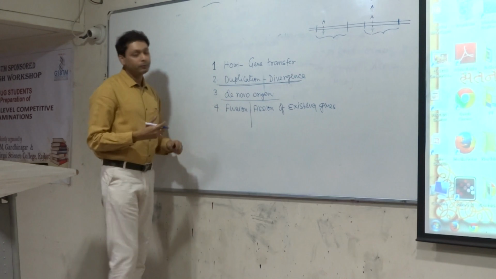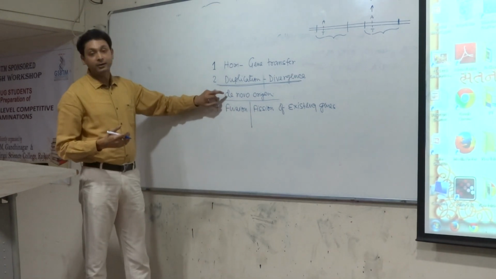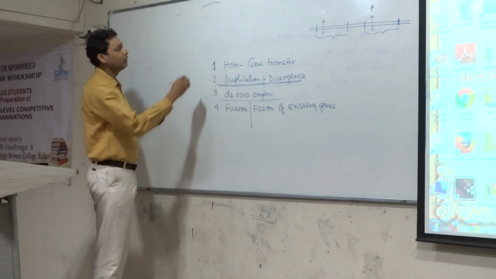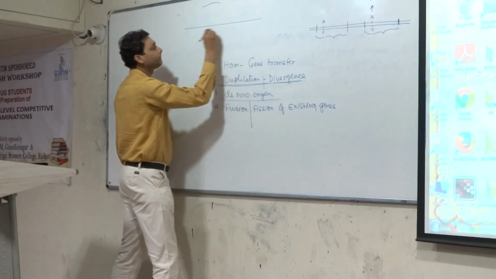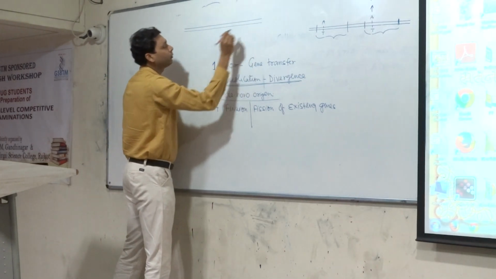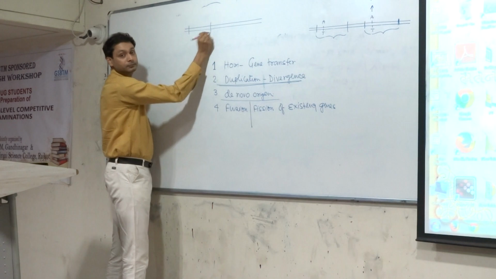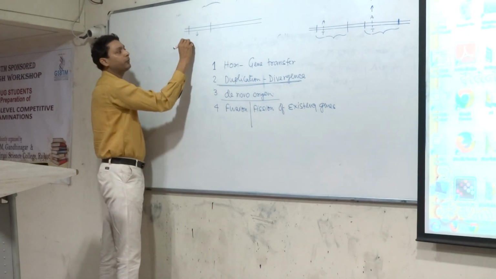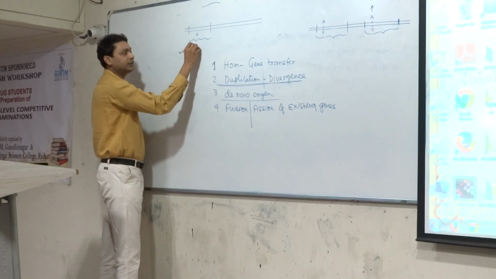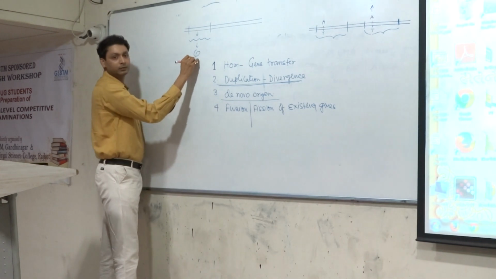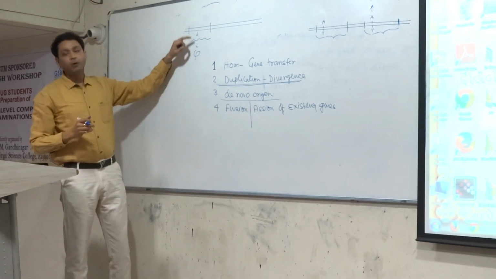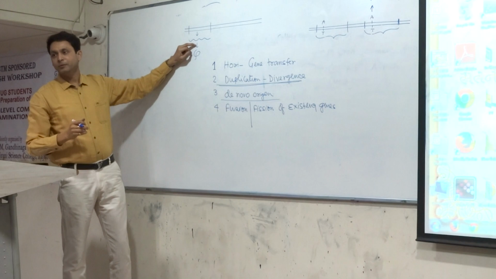One method for acquiring a new gene is de novo also. Now take one example where this is one gene, and this gene is responsible for the messenger RNA, and this messenger RNA ultimately forms the protein. So we can say this is the protein-forming gene, the messenger RNA-forming gene.